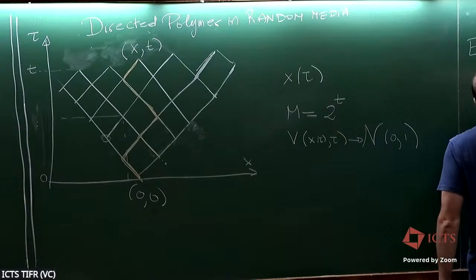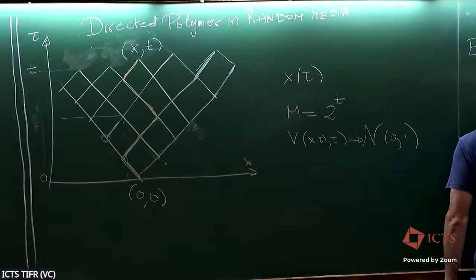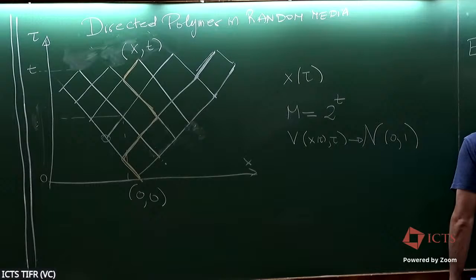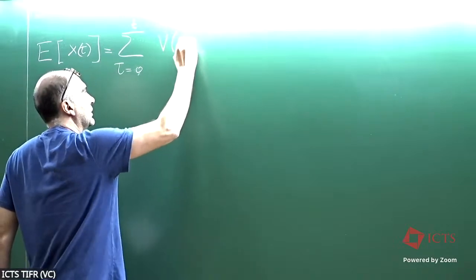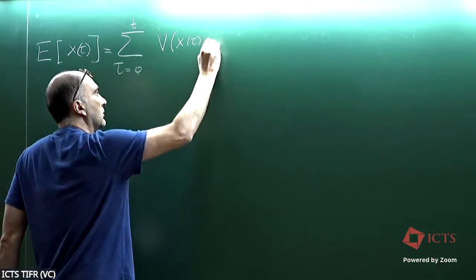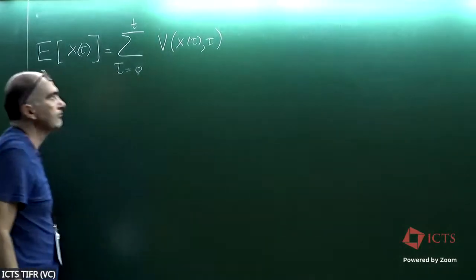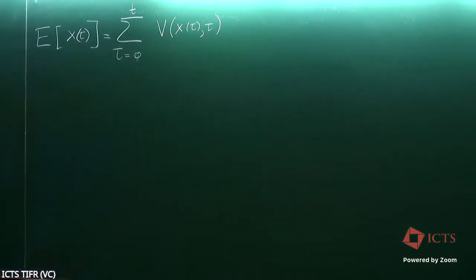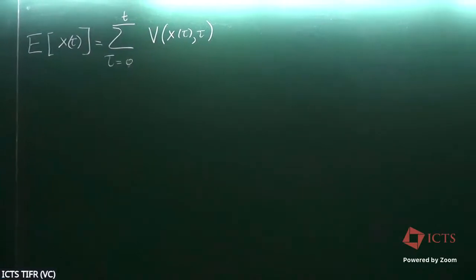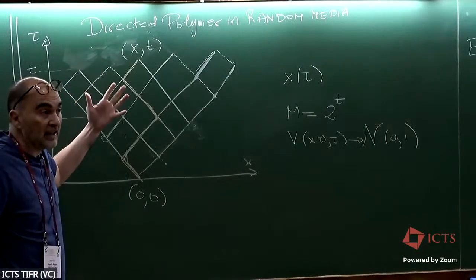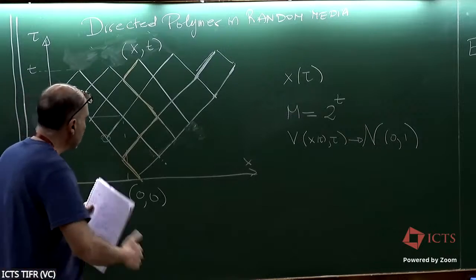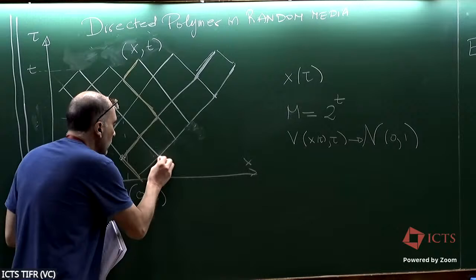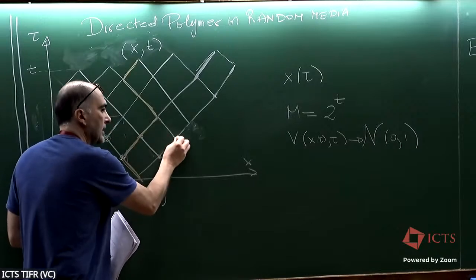It's just the sum of tau from 0 to t of v of x tau, tau. v is the potential, let's say, and it is a random number sitting on each one of these sites of your lattice.